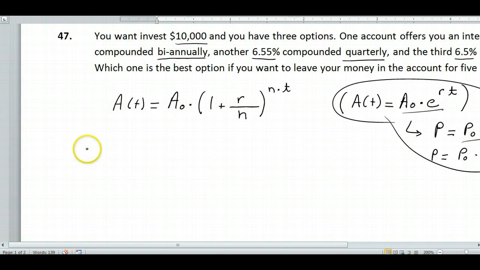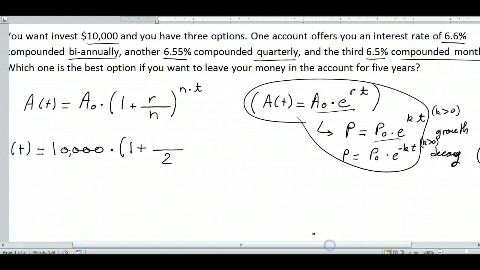So for the first choice, I'm going to call that A1 of T, is 10,000 times 1 plus, all right, it's biannually, so twice a year, so N is 2, and the interest rate is 6.6%, so 0.066, times 2T.